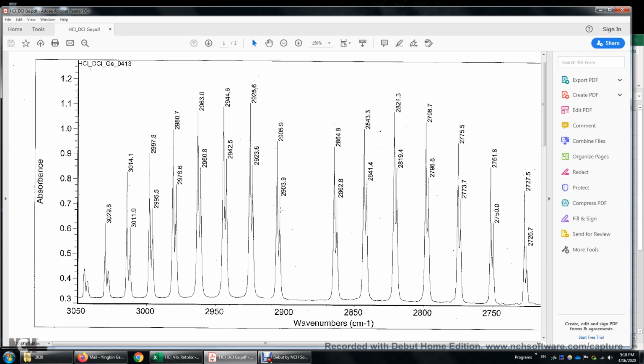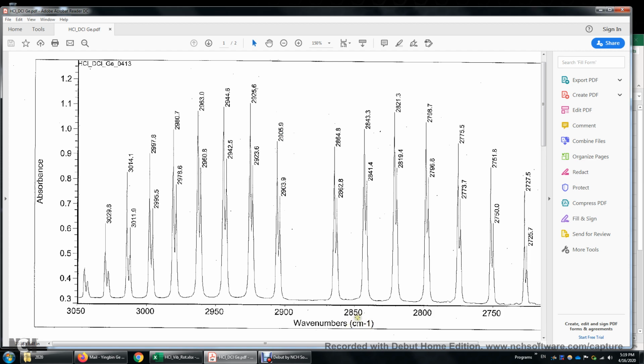There is 75% of chlorine-35 and 25% of heavier chlorine-37. Hydrogen chlorine-37 has a slightly greater reduced mass and therefore a slightly smaller wave number. So again, these two differ by only 2 inverse centimeters.